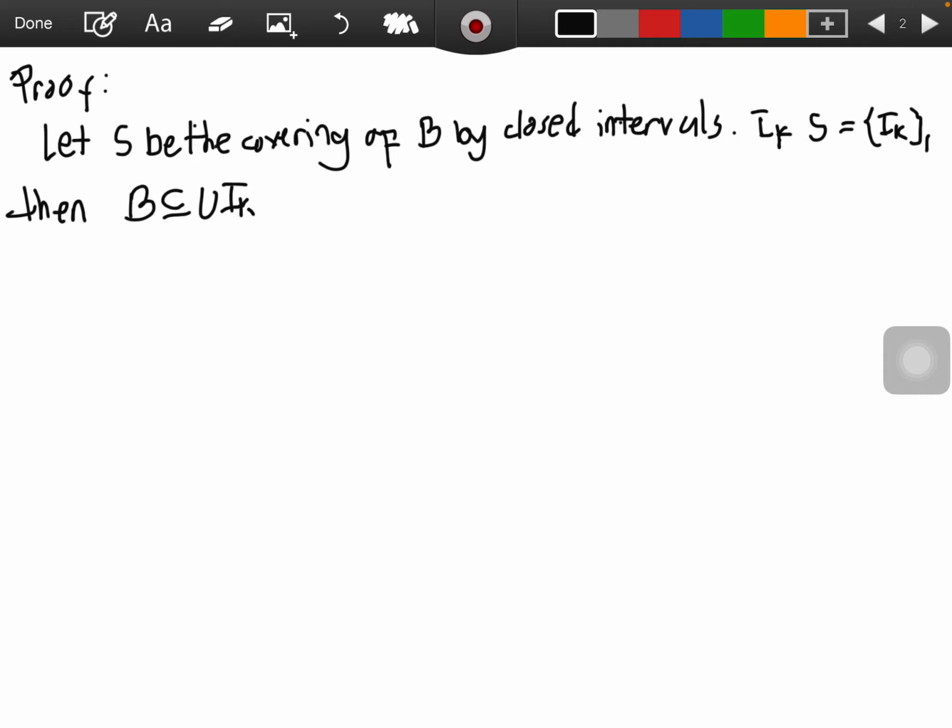Okay? Now, as you can see, si B ay subset ng union of I sub K. But from our assumption, or from our hypothesis, since A is a subset of B, then ibig sabihin, si A subset din ng union of I sub K. Okay, so it follows that A is also a subset of union of I sub K. And if A is a subset of union of I sub K, subset siya ng union ng lahat ng close intervals na nasa loob ni S, that means si S ay covering din ni A. So, kino-cover din ni set S si set A. Okay?